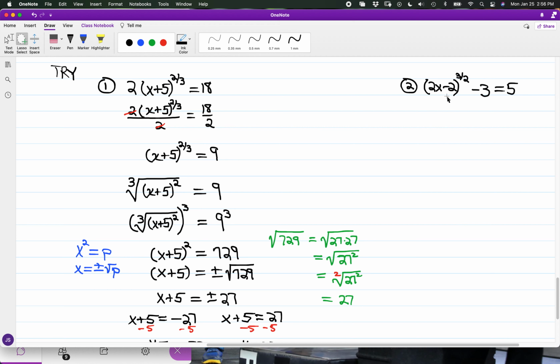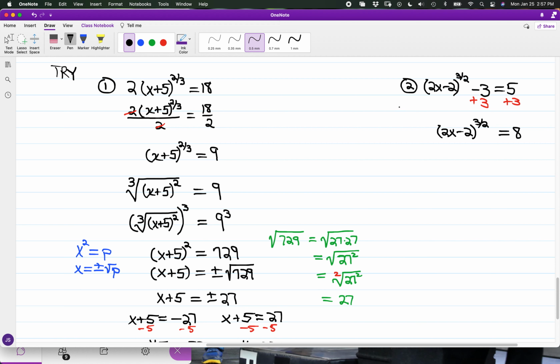Now I'm going to isolate the exponential expression, so I'm going to move this 3 over. So we now have the quantity 2x minus 2 to the 3 halves is equal to 5 plus 3, which is going to be 8.